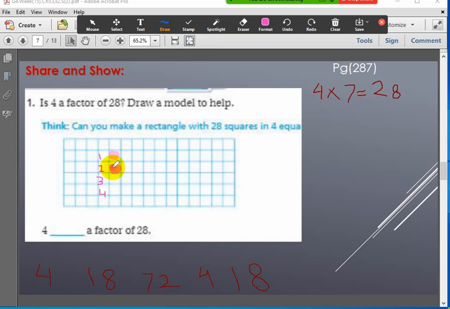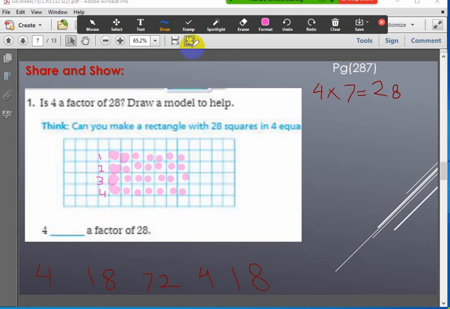Now number 2, 3 and 4, 5, 6, 7, 8, 9, 10, 11, 12, 13, 14, 15, 16, 17, 18, 19, 20, 21, 22, 23, 24, 25, 26, 27, 28. So look, I divide by using this grid.